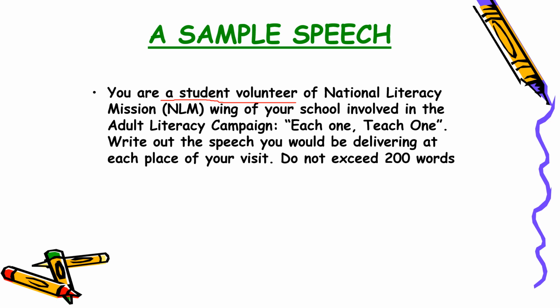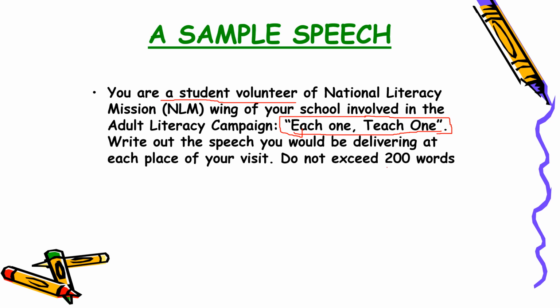And you are a student volunteer of National Literacy Mission. The school is involved in an adult literacy campaign, and the campaign is titled Each One Teach One. So directly or indirectly, this is the topic of your speech. Each one teach one. So when you are reading the question, you have to be careful.